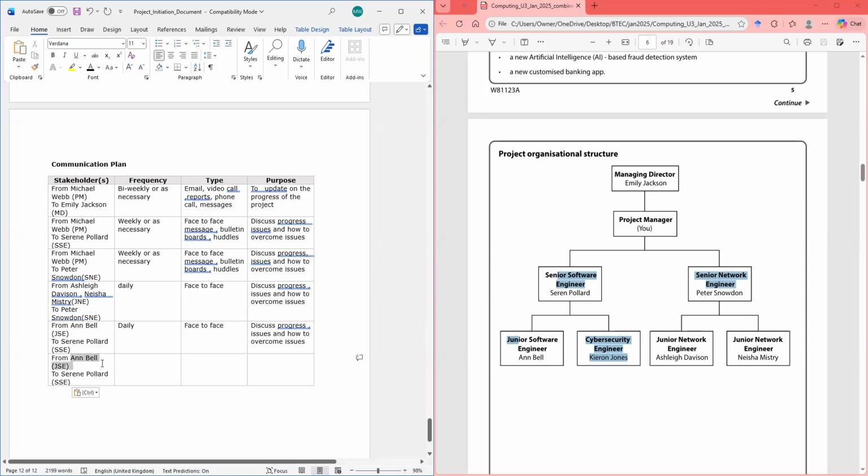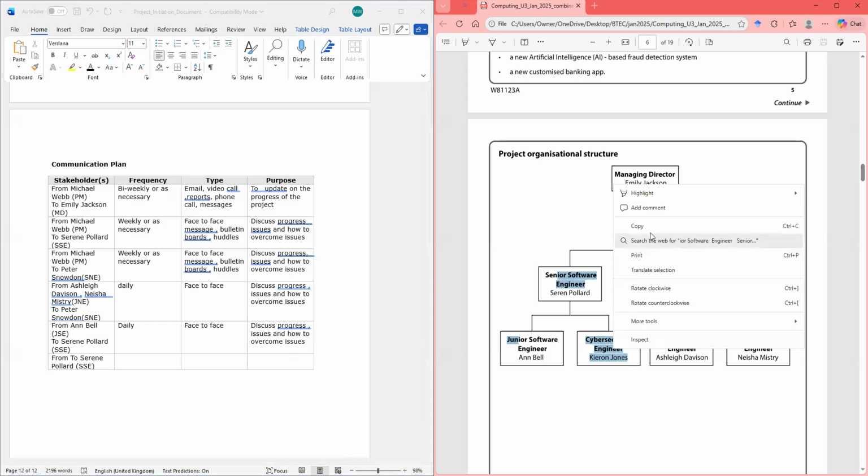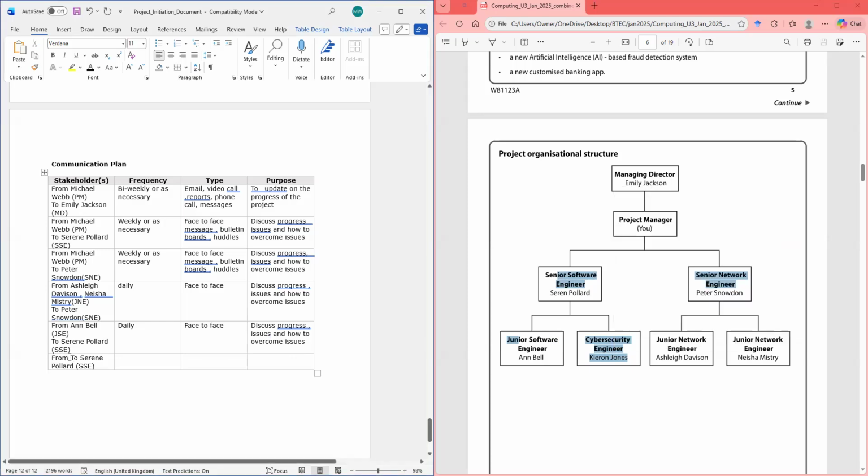So this would be just copy this same thing.